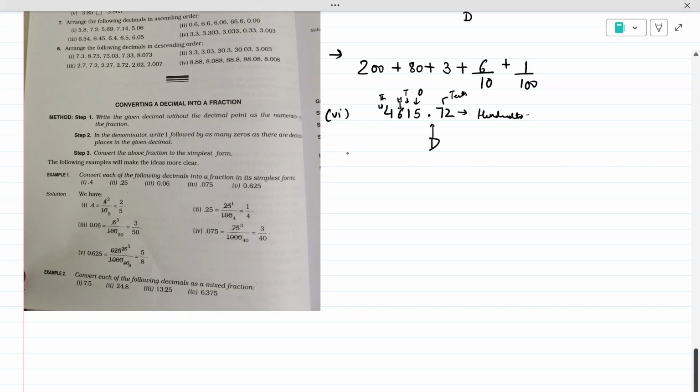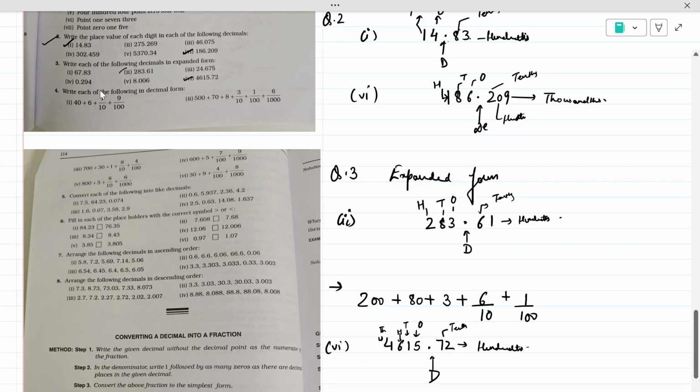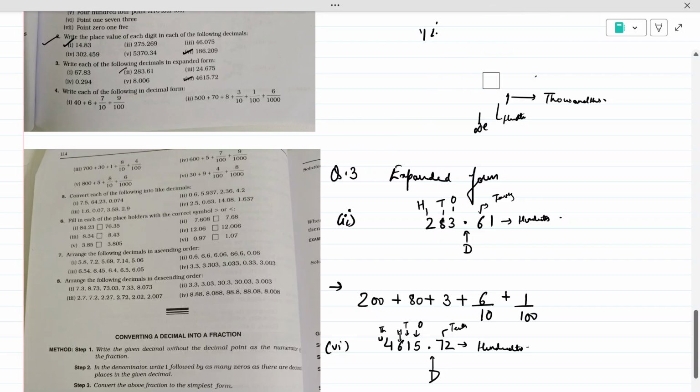So let us write this one. We have 4000 plus 600 plus 10 plus 5, and then the decimal part, 7 tenths, so 7 by 10, and 2 by 100. Okay, so this is the expanded notation. So kids, the ones which I'm not marking here are for your practice work. You have to practice those questions.